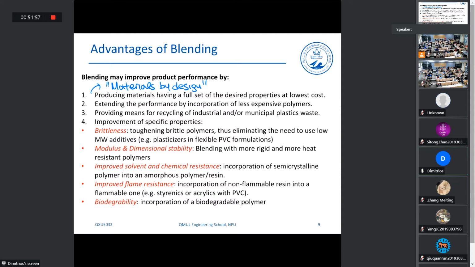And plastics are not generally that bad in the form that people are presenting them in terms of environmental pollution. But anyway, this is a very large discussion. Blending can provide means to recycle certain kinds of polymers, okay? So by blending, we can improve recyclability, essentially. That is recyclability.